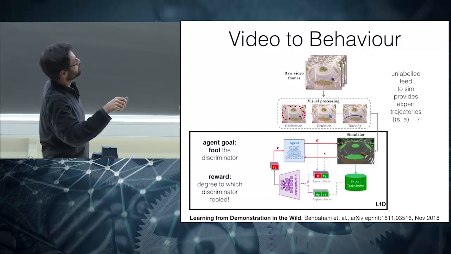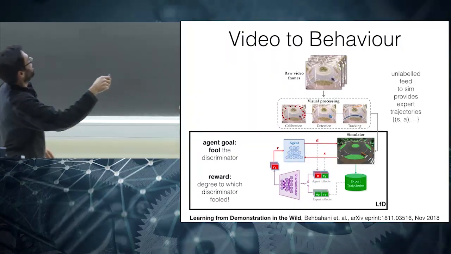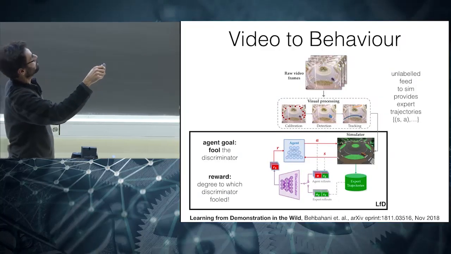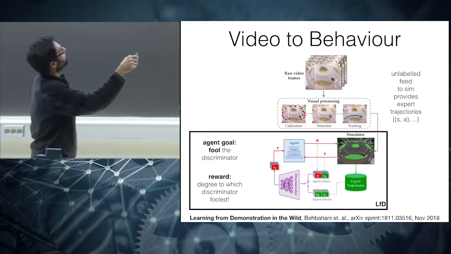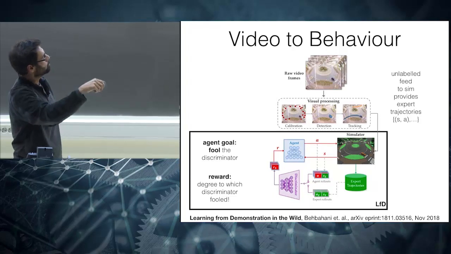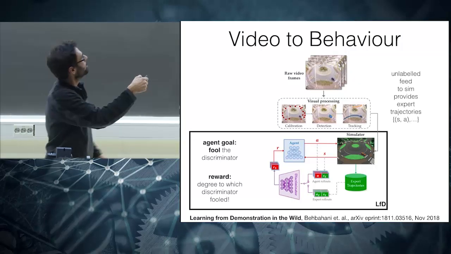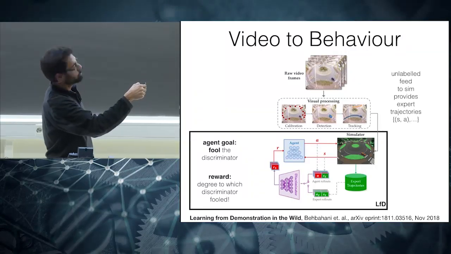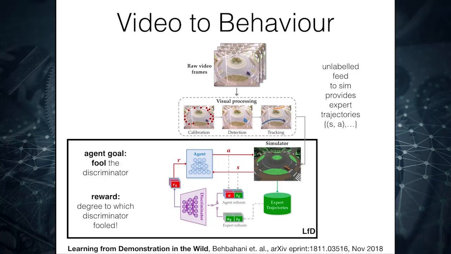Here are expert trajectories, which are pulled out from the wild. And now you have trajectories that may be generated by the agent interacting with the simulation. What this agent needs to do is match the behavior of the expert. So what's happening here is there's a discriminator which can discriminate between whether this input is from the expert or whether it is from the agent.